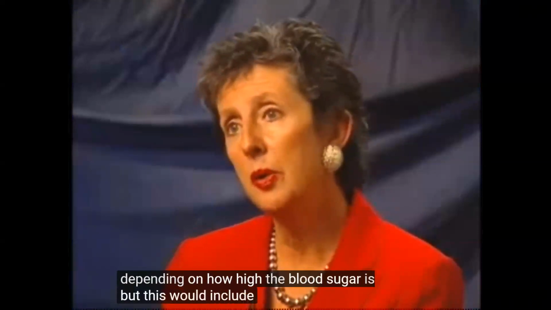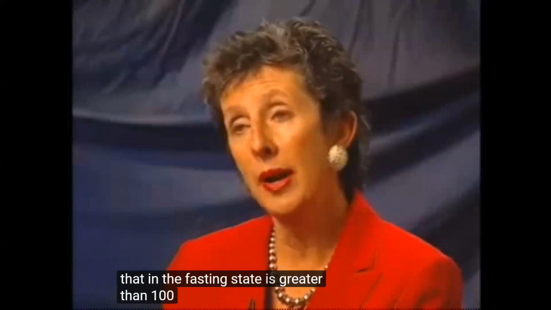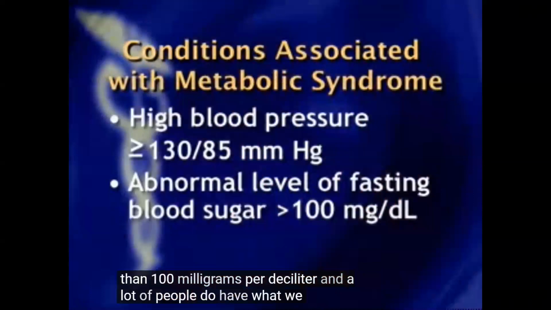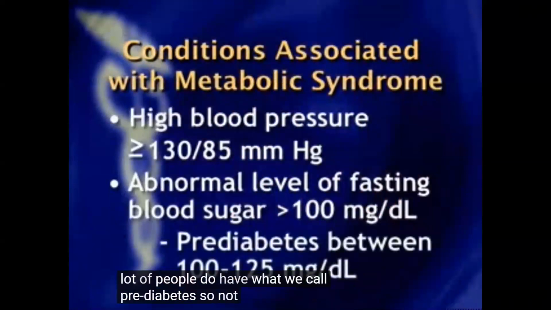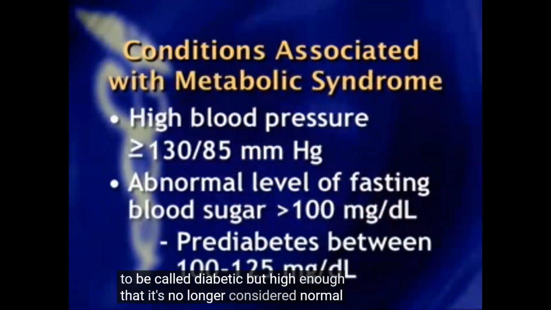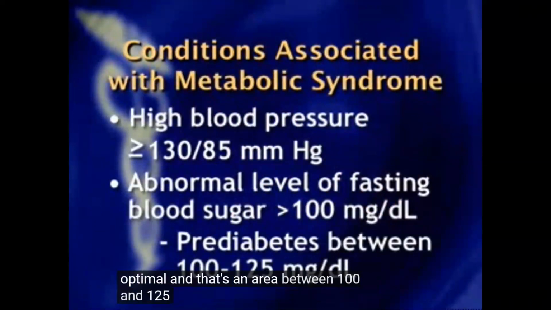But this would include a blood sugar that in the fasting state is greater than 100 milligrams per deciliter. And a lot of people do have what we call prediabetes, so not a high enough level to be called diabetic, but high enough that it's no longer considered normal or optimal. And that's an area between 100 and 125. So those are the first 2.